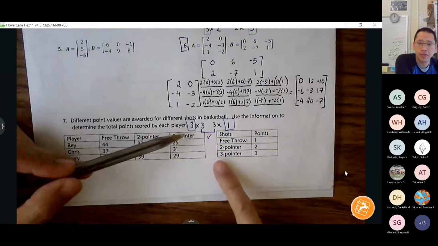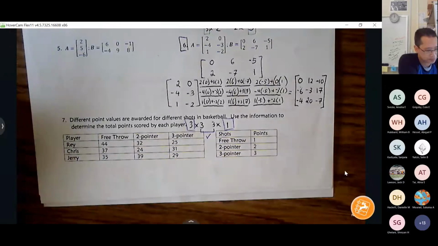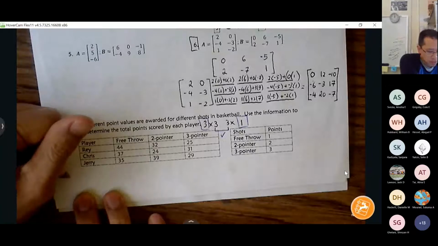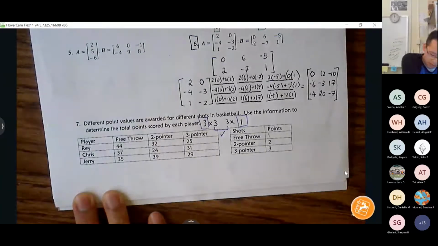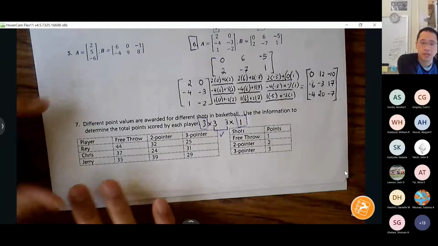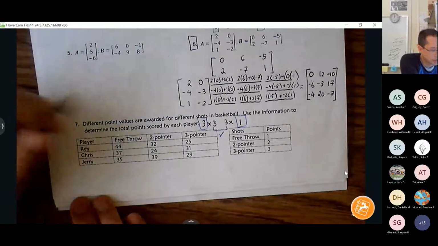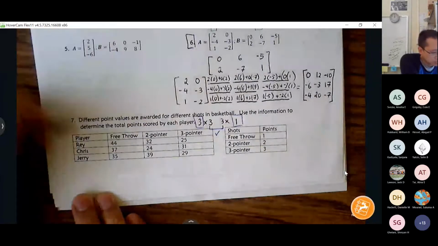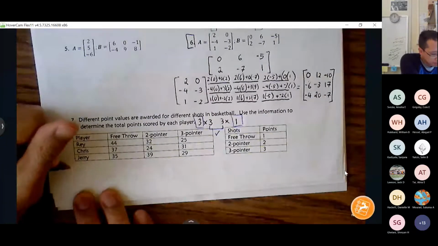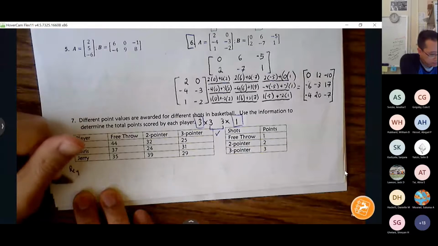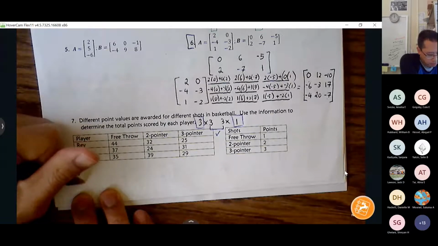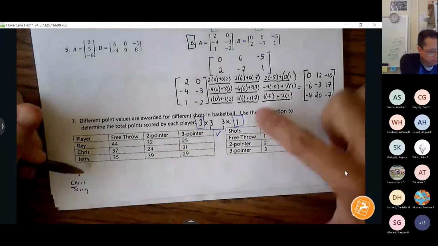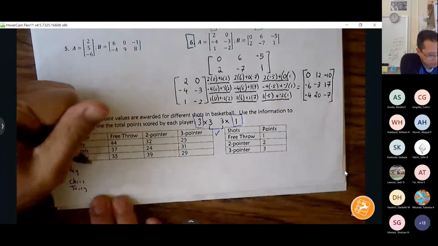So what we're left with is a 3x1 matrix. I'm not going to have enough room here, so maybe we can use the space for number 5 to show that. We have Ray, Chris, and Jerry, and we're going to end up with a 3x1 matrix.